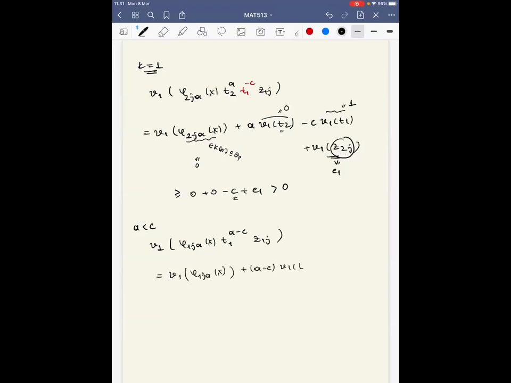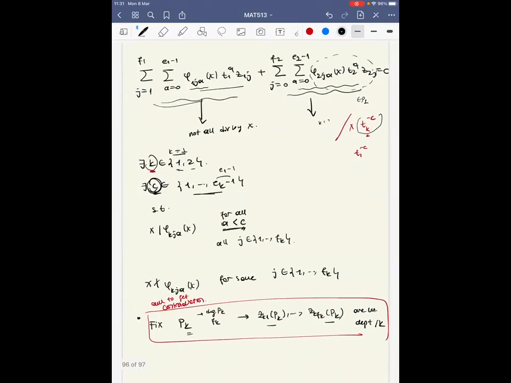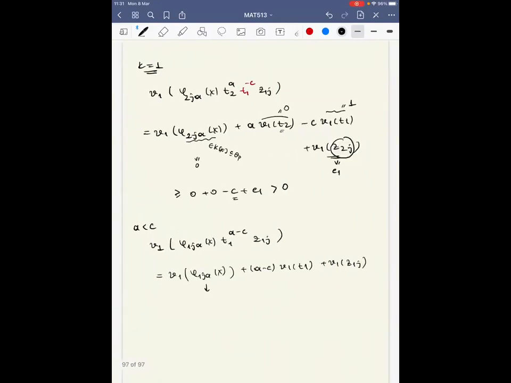like in the previous case regarding our assumptions, and for when A is less than C, we know that this is divisible by X. So that means it has 0 at least of order EK.